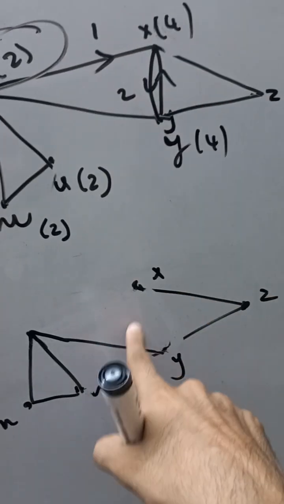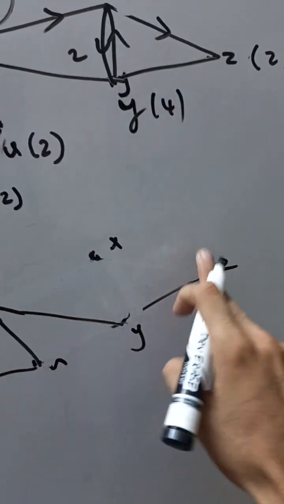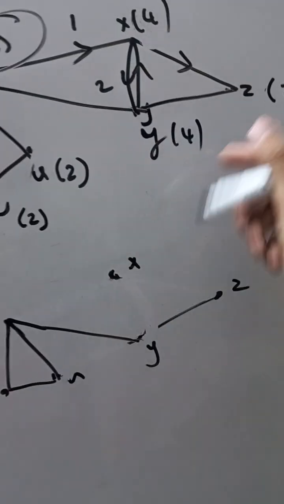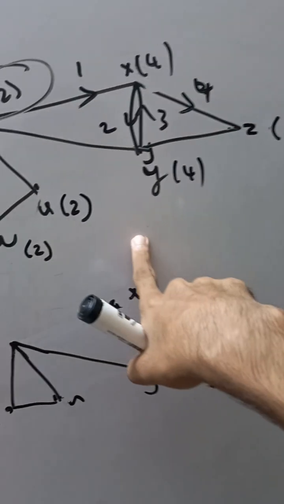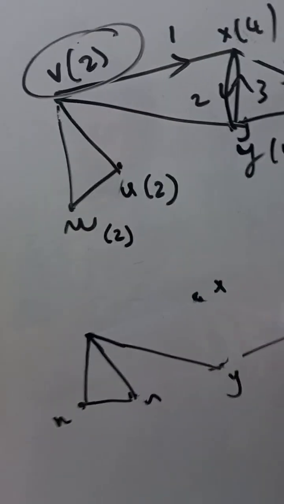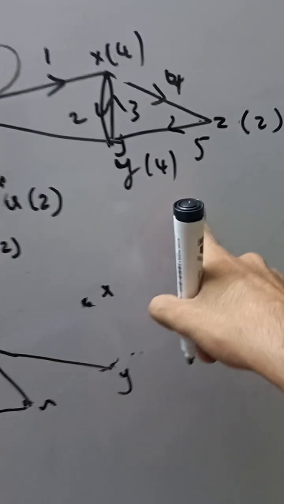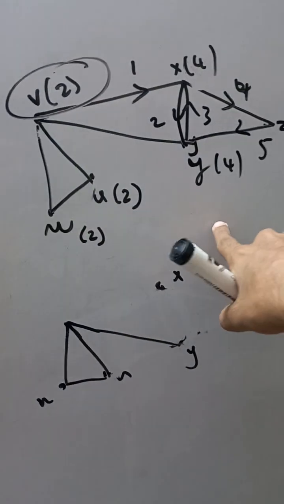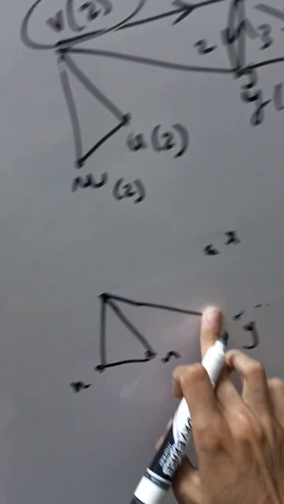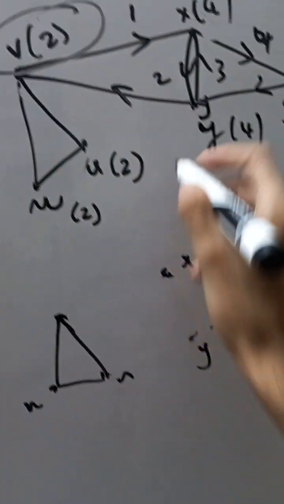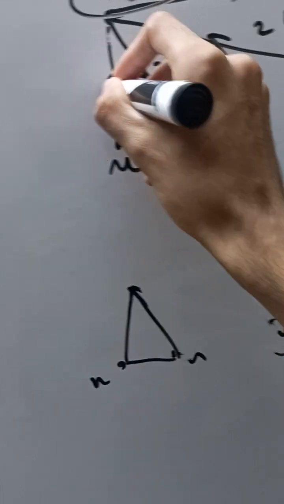Then we can go from X to Z, that's 3, that's 4, and from Z we can go back to Y, that's 5, and then from Y we go back, that's 6, then to U, that's 7, U to W, that's 8, and then 9.